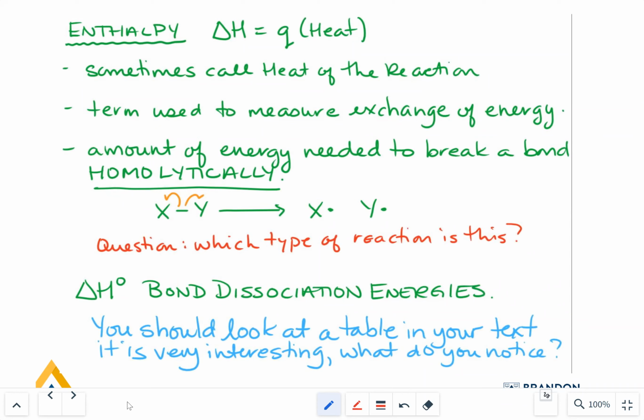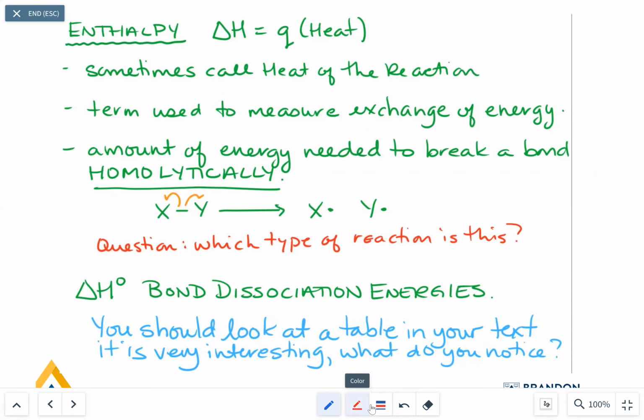You can look up bond strengths in any textbook. They'll have a whole series of them. And we did this when we were doing our heat of reaction questions in Gen Chem 1. You might have done more of it in Gen Chem 2, but since I didn't teach Gen Chem 2, there's lots of thermodynamics in Gen Chem 2, so I'm sure that you would have seen this before.